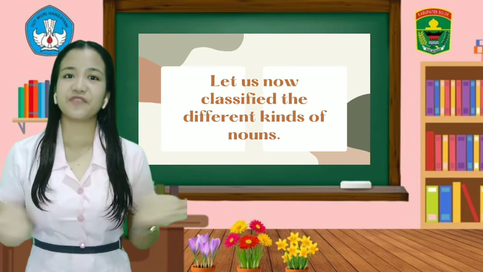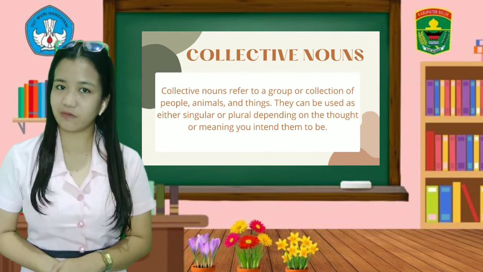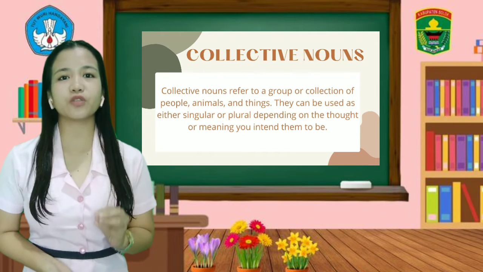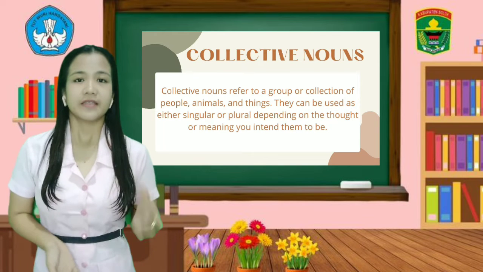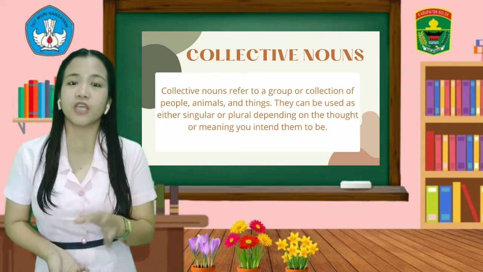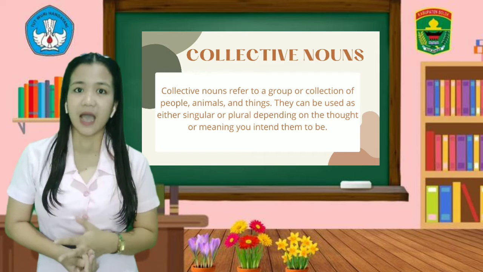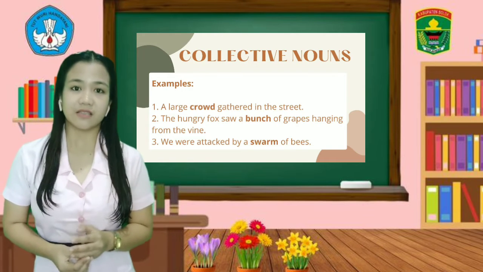Let us now classify the different kinds of nouns. First, we have the collective nouns. Collective nouns refer to a group or collection of people, animals, and things. They can be used as either singular or plural depending on the meaning you intend. I have here some examples. A large crowd gathered in the street.